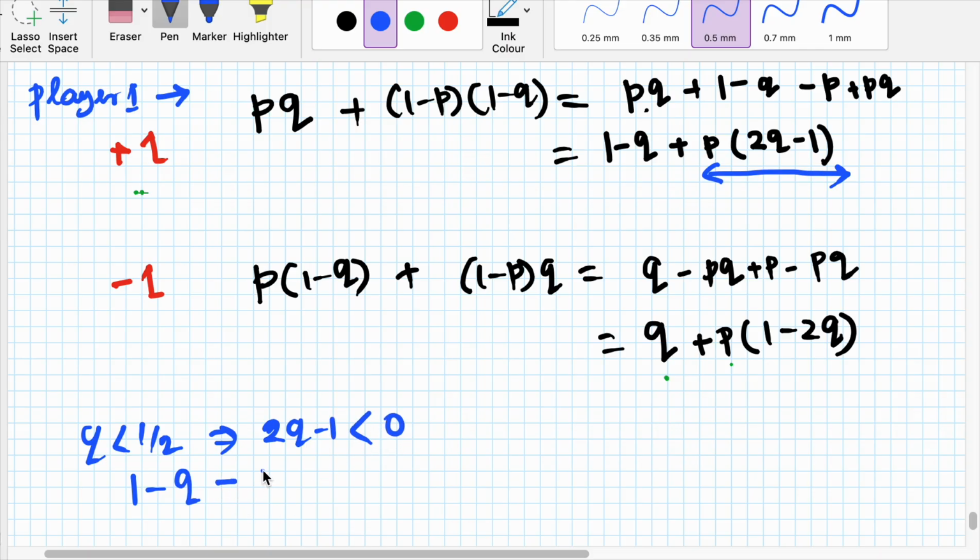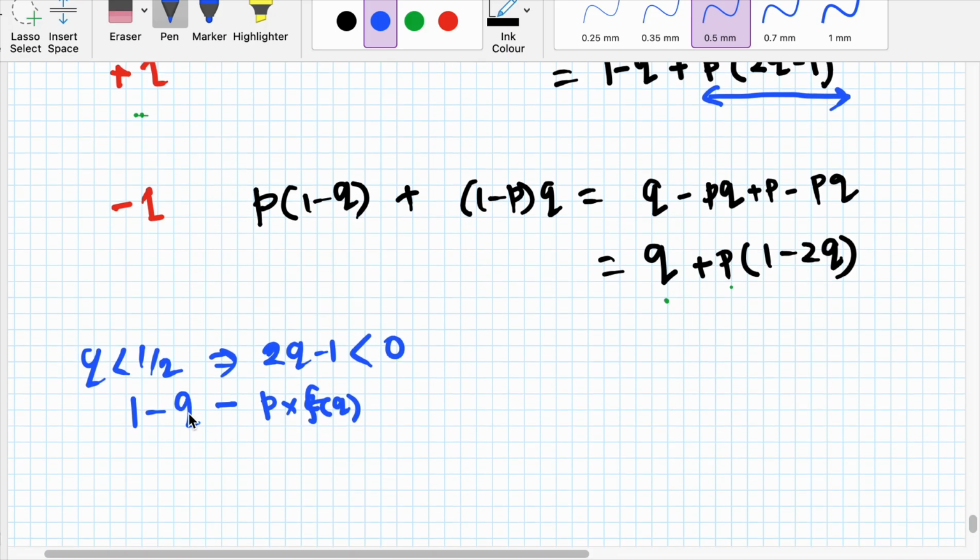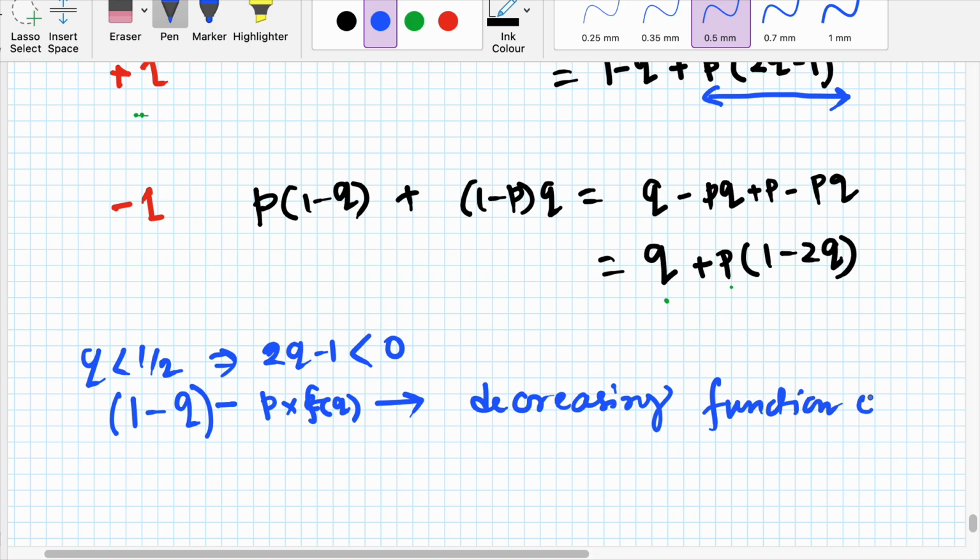So this becomes p into some function of q, and you will find that this is a decreasing function of p.